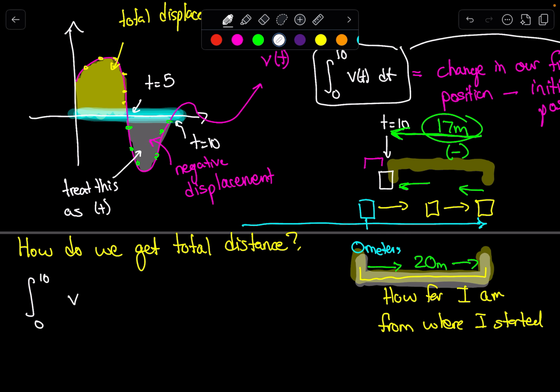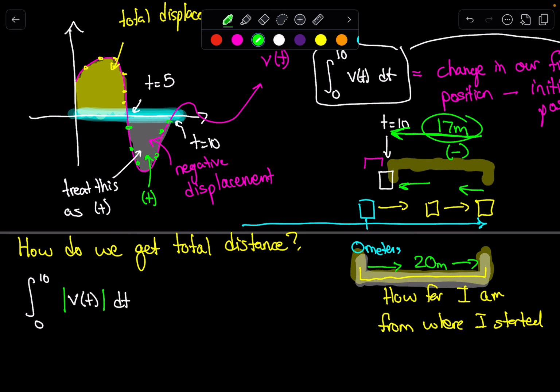We're still going to integrate the velocity function, but we want to make sure that this bit comes out as positive. And last time I checked, the one tool that we have in math to ensure that we get positive answers no matter what is the absolute value function, okay?